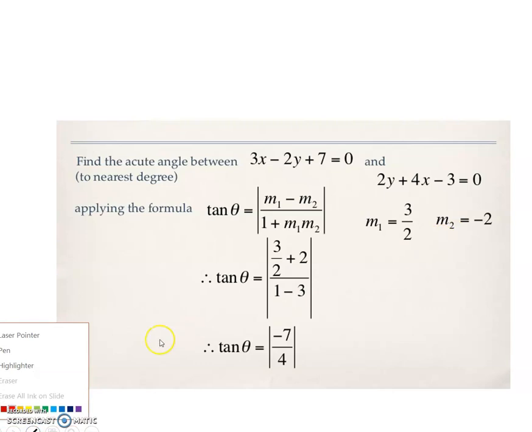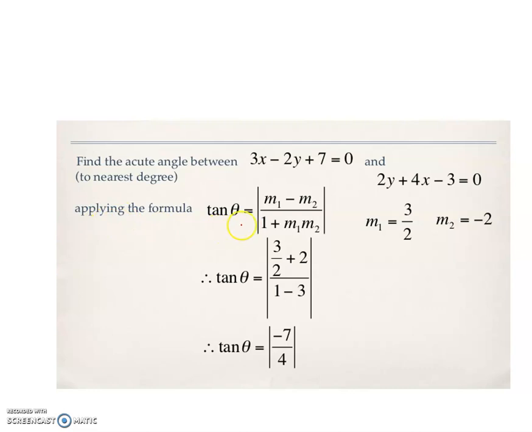Now m2 is derived from 2y plus 4x minus 3 is equal to 0, where m2 is equal to minus a upon b. That's why minus 4 upon 2, that is minus 2.